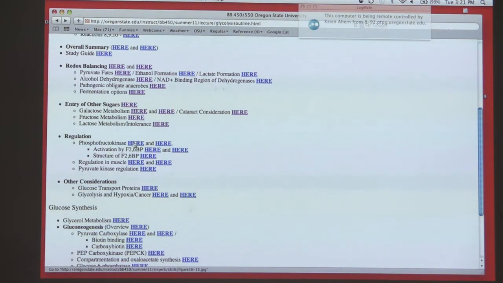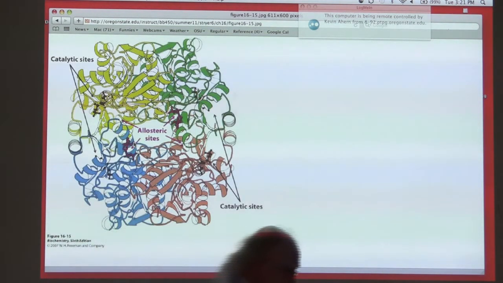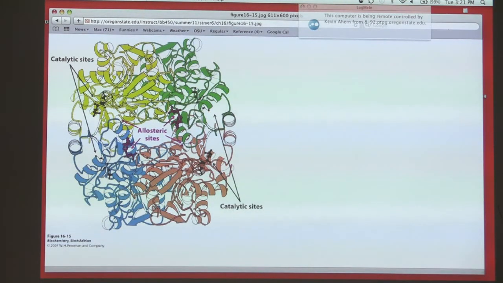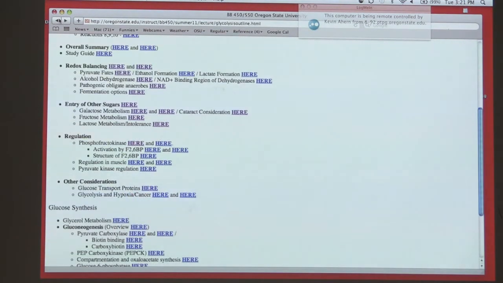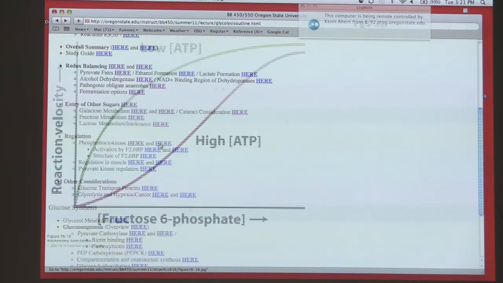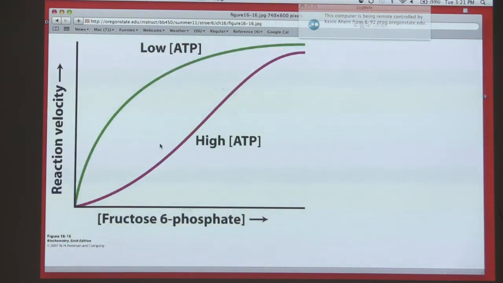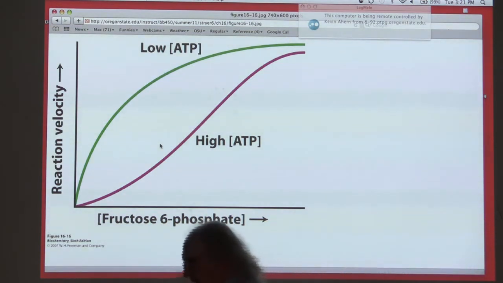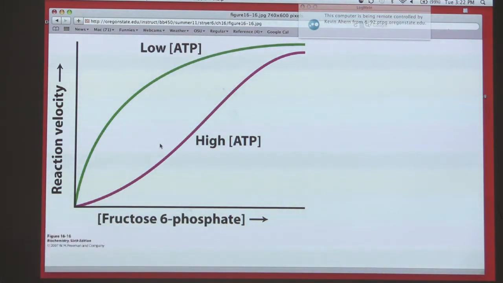All right. Well, let's talk about regulation of glycolysis. Regulation of glycolysis is interesting and odd, I'll be honest with you. And it's odd partly because of the energetic considerations that we have for the pathway. All right. Here's an early odd observation. Now, I think I said them before, but if I didn't, I'll say them here.